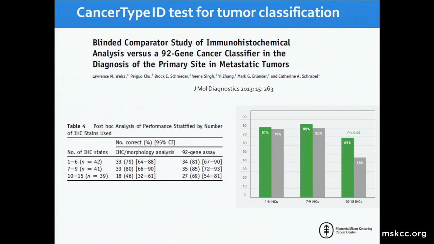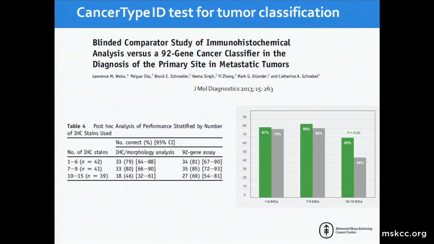In any case, in this subsequent study, they did compare the assay to immunohistochemistry. What they did find is that in cases where the surgical pathologist used a limited number of immunohistochemical stains to arrive at the diagnosis, 1 through 9 stains, then the accuracy was similar between the molecular test and immunohistochemistry.